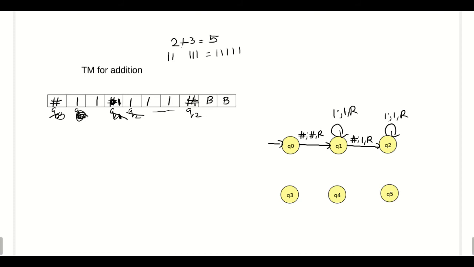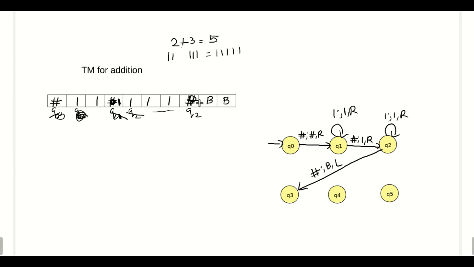From q2, if we see the hash symbol, we have to move towards the left side to find out the rightmost one. So from q2, if we see the hash symbol, we can immediately replace that hash symbol with a blank and move towards the left side.